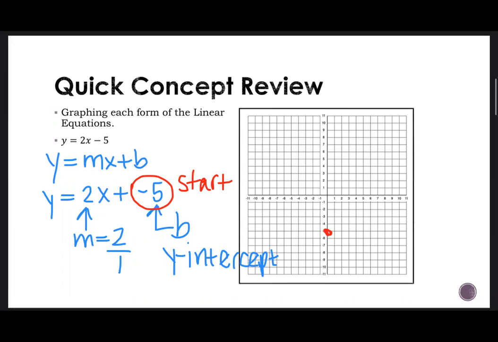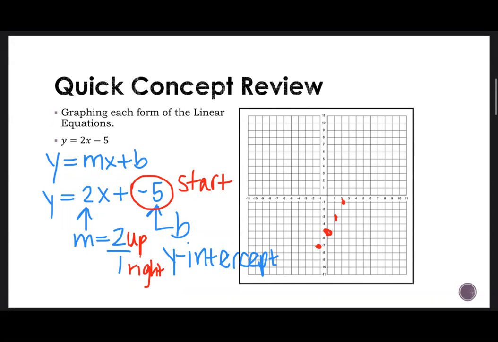Then we're going to use the slope to move to get our second point. If it is positive, we're going to move up 2 and to the right 1. So we'll move up 2 to the right 1, up 2 to the right 1. You could also move down 2 to the left 1.